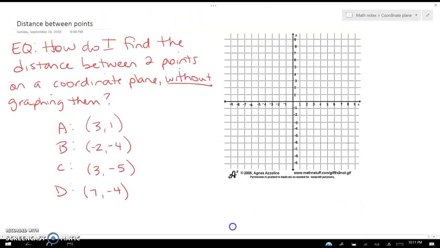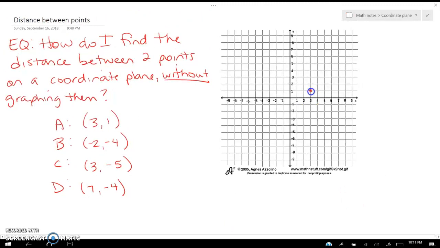We've got 3 and 1. This is point A. We got -2 and -4. This is B. We've got 3 and -5. That is C. And then 7 and -4. So 1, 2, 3, 4, 5, 6, 7, and -4. Oops. So that would be D.